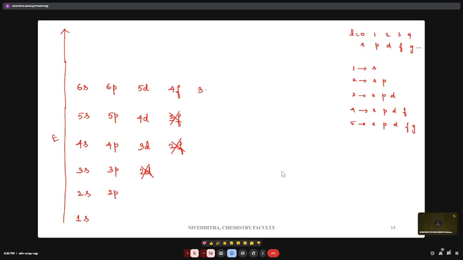Very good. Is it possible to have a G in third shell? In third shell, I can have S, P, D. That's it. So we have to cross this. Now we will move on to seventh row. So 7S, 7P. Next.